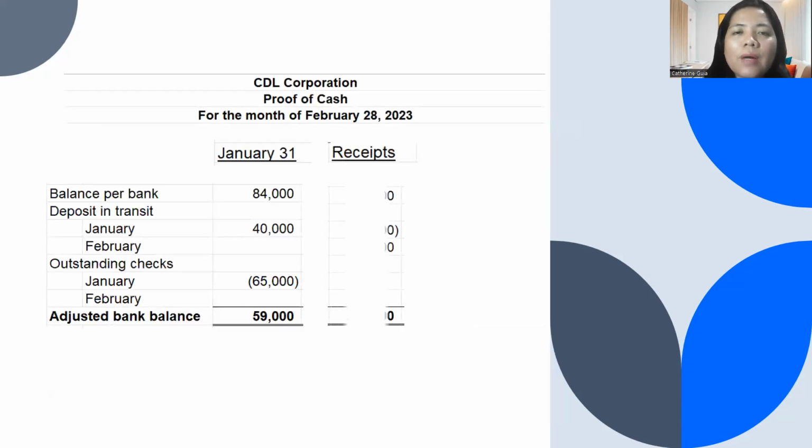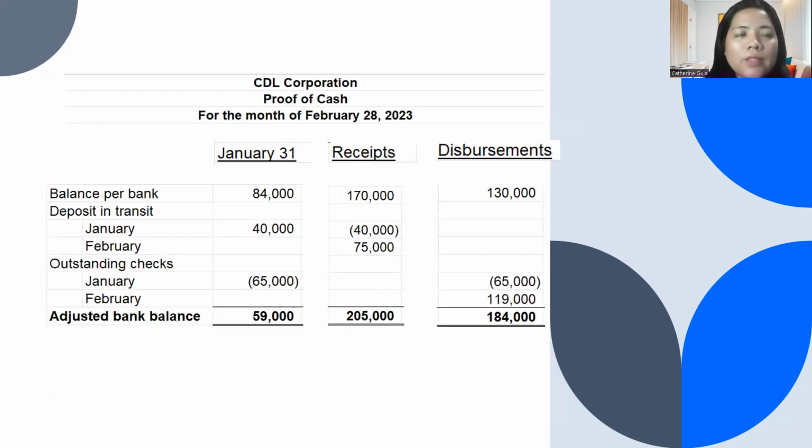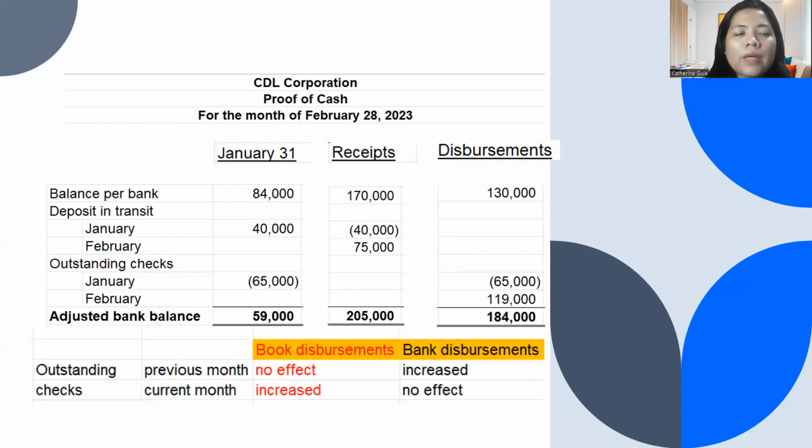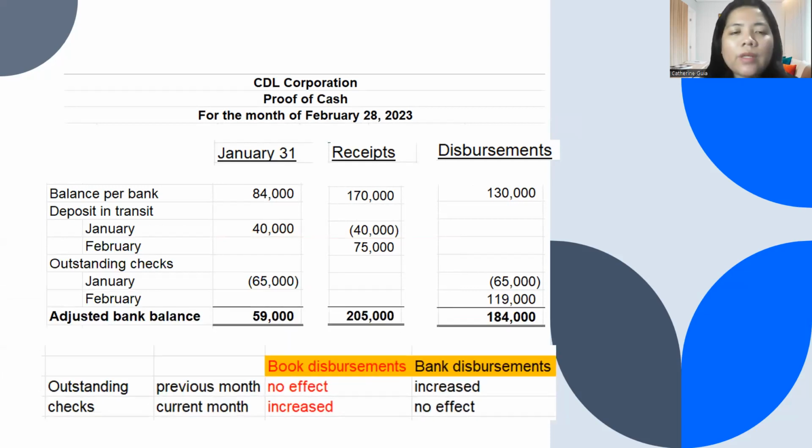How about our disbursements? We have the outstanding checks previous month and outstanding checks current month. For our outstanding checks, you will notice that there is no effect yet on our book disbursements. However, it increased the bank disbursements because the bank only paid the checks this month.